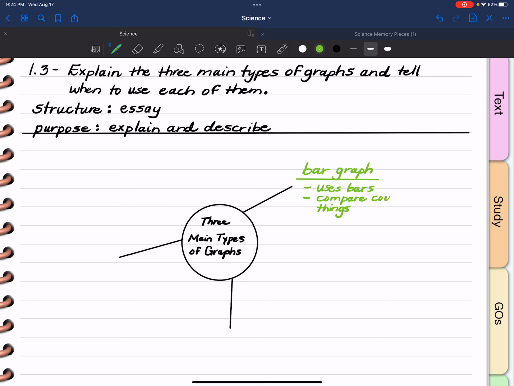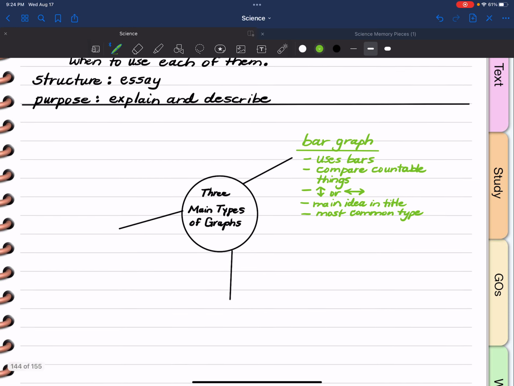We know that it can be horizontal or vertical. So it can be vertical or horizontal. And we know that we would put the main idea in the title. And we did talk about that it is the most common type of graph, allegedly. I've heard that. Okay, so that's pretty good for bar graph.